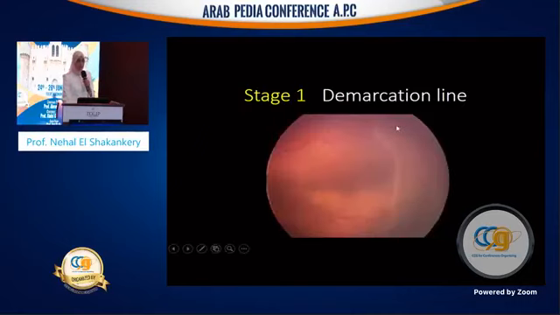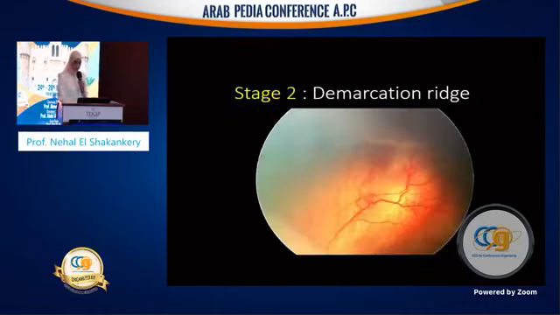As we said, the neovascularization growth inside the retina leads to a line separating the vascular retina from the avascular peripheral retina, which is the demarcation line, or stage 1 retinopathy of prematurity.